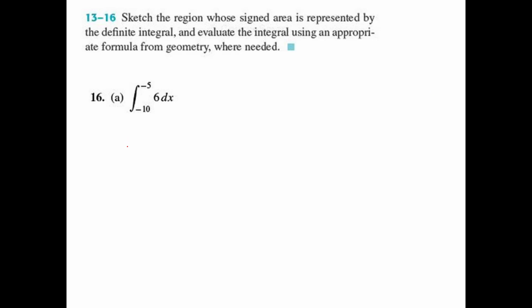Okay, so again, geometrically, this is just asking us to find the area under the curve over the interval from -10 to -5 for this function, f of x equals 6, which is the same thing as y equals 6, and that's just a horizontal line.